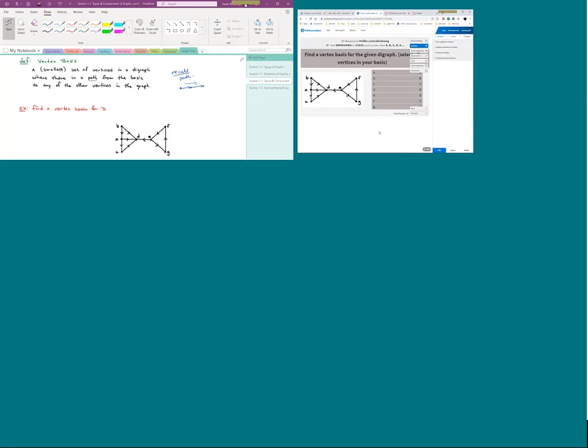So for example, here on this directed edge from B to A, this would tell you that B was able to influence A to change their opinion to now have whatever the opinion was that B was trying to push through the group of people. So a basis of this digraph would be the people that actually were able to influence everybody else. So that would be a contextual thing.